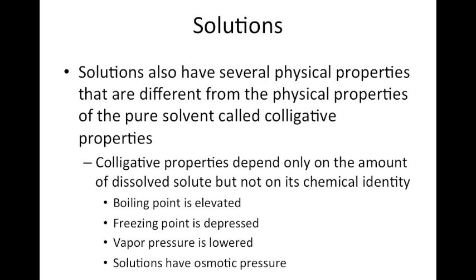And also the vapor pressure of a solution is going to be less than the vapor pressure of the pure solvent by itself. And finally, solutions have osmotic pressure. So osmotic pressure is when a solvent moves from an area of higher concentration to an area of lower concentration. So all of these things are considered colligative properties, and we'll discuss those a little bit more when we're talking about solutions.